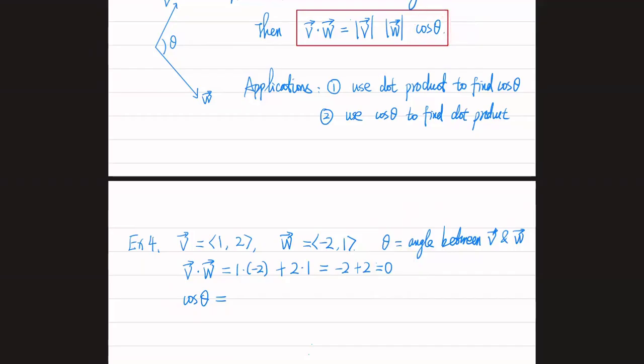Could it be 0, or must it be 0? It must be 0, because the norms are not 0; both are not the zero vector. So the product of the norms is not 0, and the dot product is 0, so the cosine must be 0.